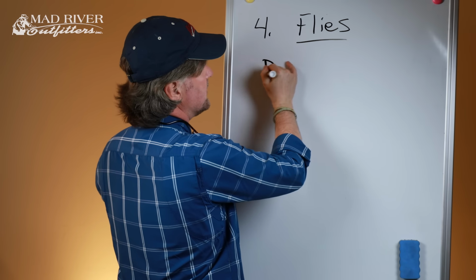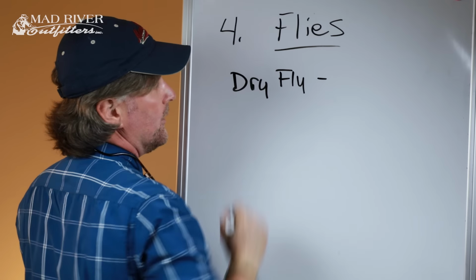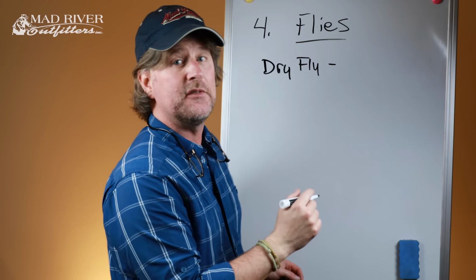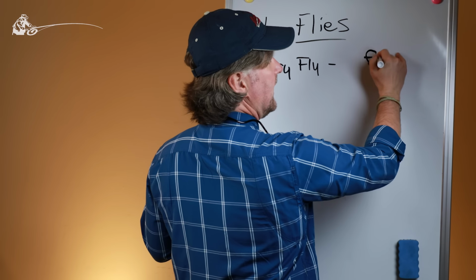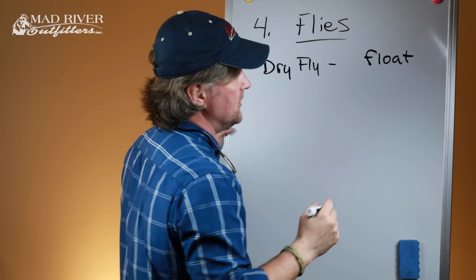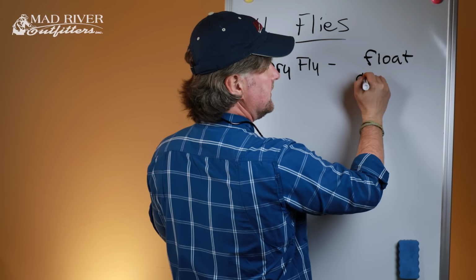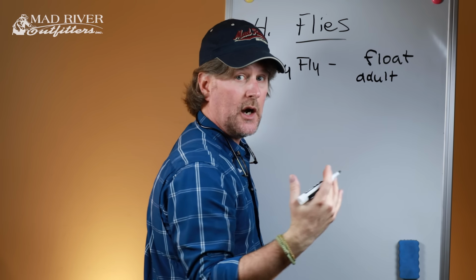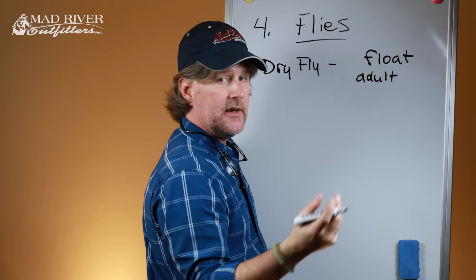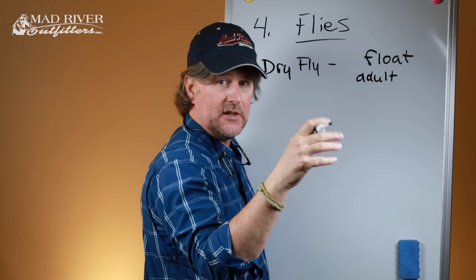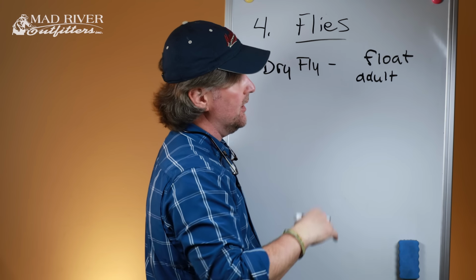And the word dry fly. The word dry fly is exactly as it sounds. They float. Dry flies float on the surface. And dry flies are usually imitating adult or winged aquatic insects after they have hatched from the nymphal form, and now they're the adults that we see flying around or floating on the water.